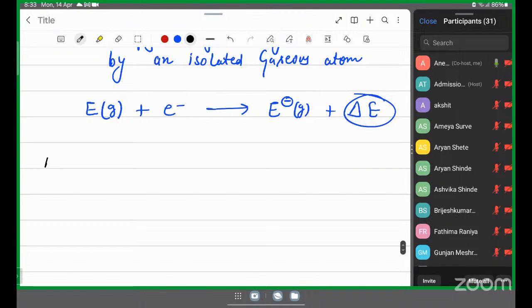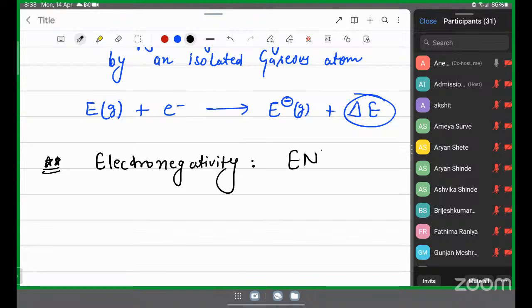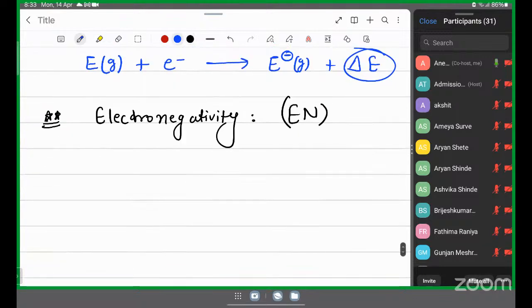Next, we have electronegativity. What is electronegativity? Yes, anyone? Electronegativity is the tendency of a bonded atom to attract bonded electrons towards itself.